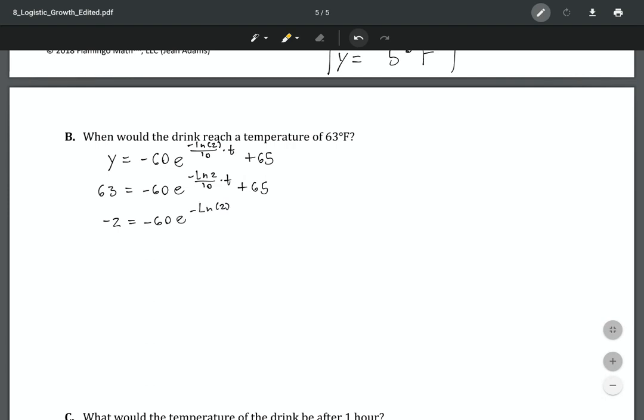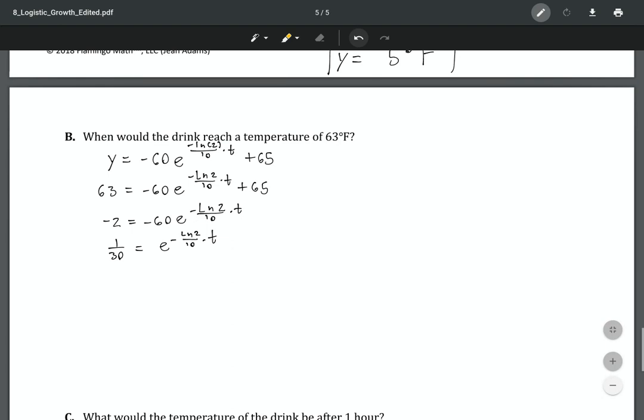Now I will divide both sides by negative 60, which will give me 1 over 30. Let's see, I have negative natural log of 2 over 10 times t. Okay.